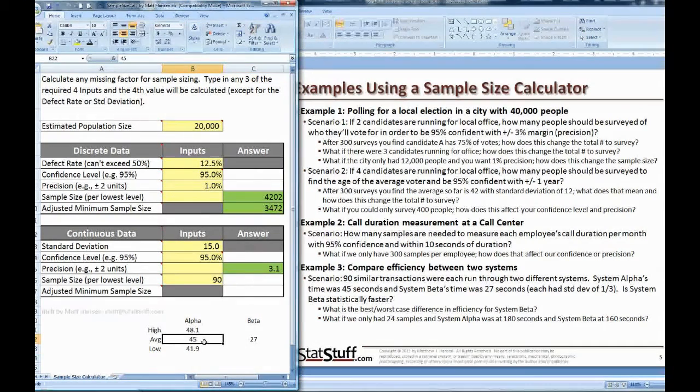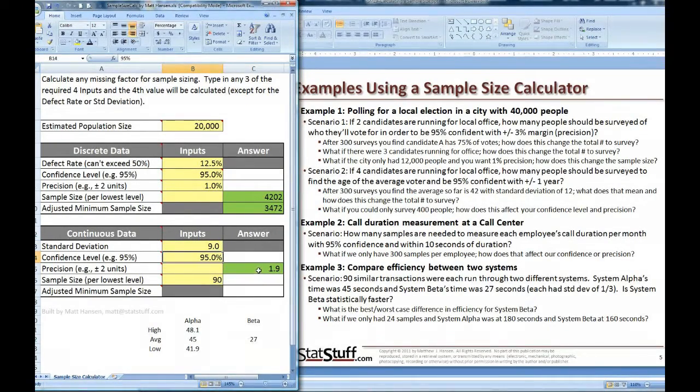Now it tells us for system alpha, their average is about 45 seconds, but the true range could be anywhere from 41.9 seconds up to 48.1 seconds. That's their true range, or what we're calling our confidence interval. Now for the beta system, we're doing the same thing. They had 27 seconds, and again, standard deviation was a third, so that would be 9 seconds, so we'll plug in 9.